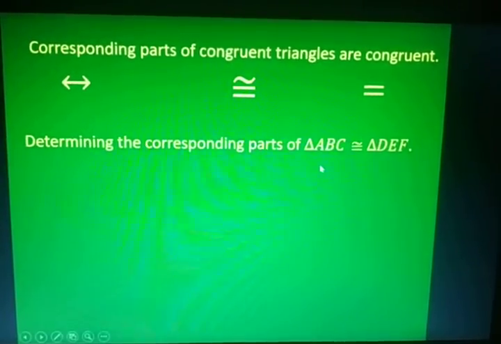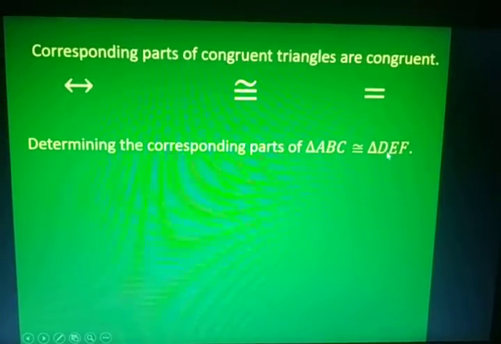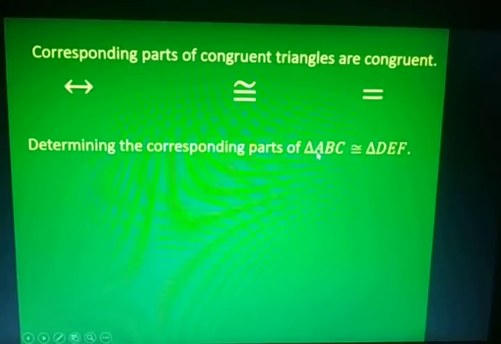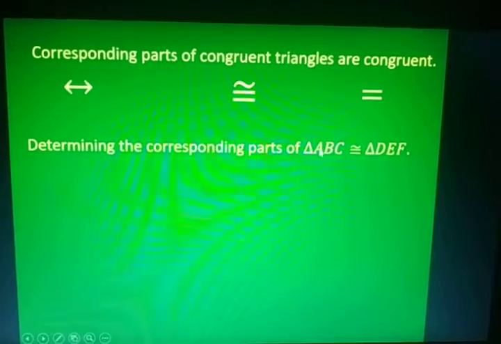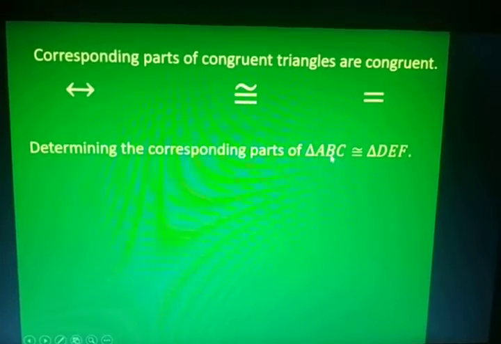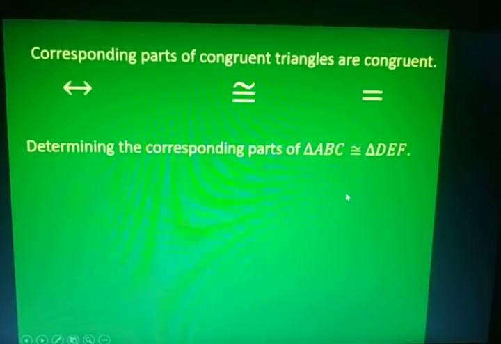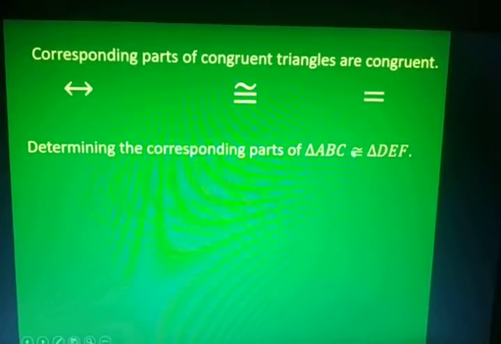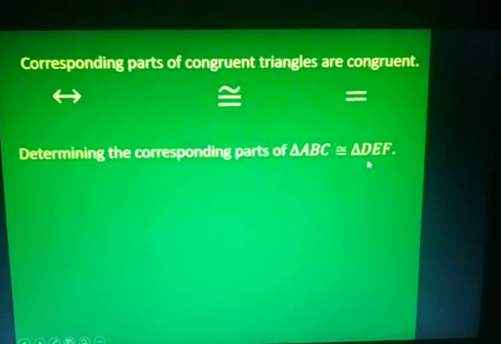The corresponding vertices will be A and D: A corresponds to D, B corresponds to E, C corresponds to F. And then angles: angle A corresponds to angle D, angle B corresponds to angle E, angle C corresponds to angle F. And this time, let's focus on the sides.